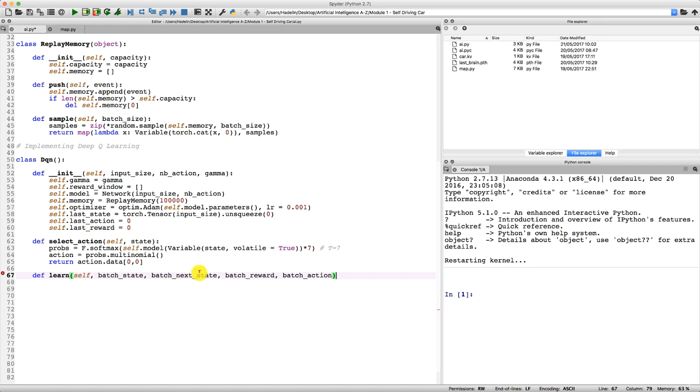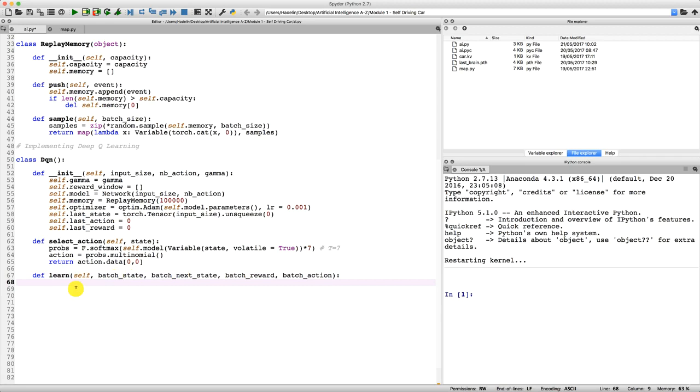So we have to take these batches from the memory, which become our transitions, and then eventually we will get the different outputs for each of the states of the input batch state. And we will do this for the batch state and for the batch next state, because we will need both to compute the loss. I will soon remind you of the Bellman equation that is at the heart of the Deep Q-learning algorithm. So now let's go into the function, and let's first get the outputs of the batch state.